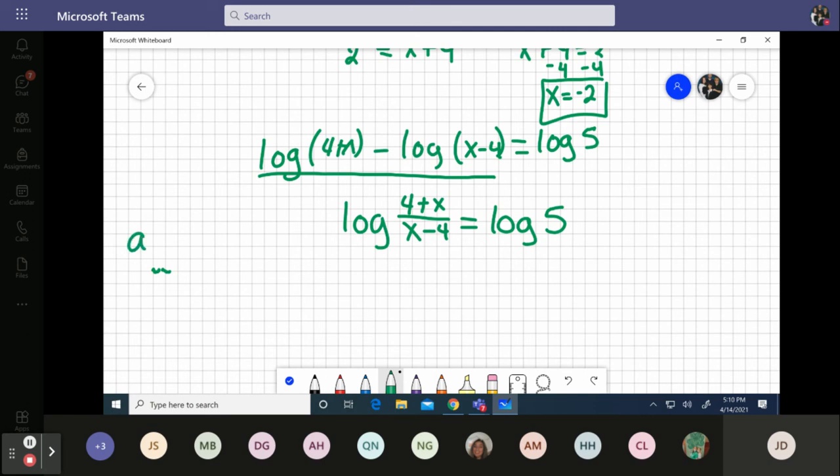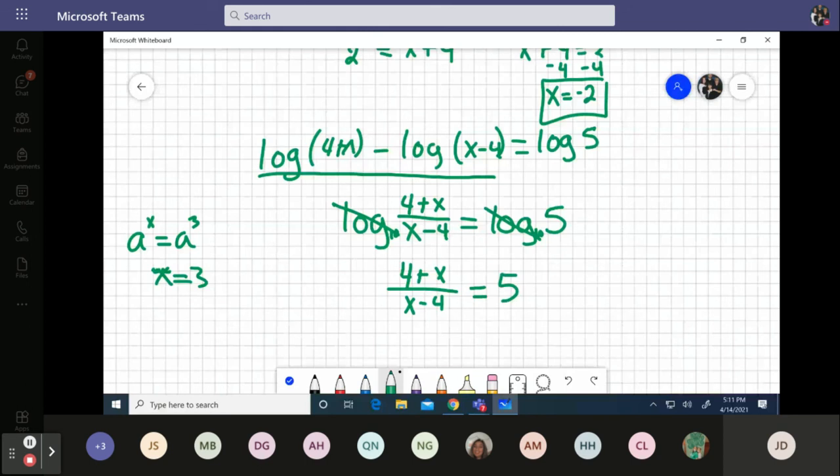Same concept. a to the x is equal to a to the 3. x has to equal 3, right? I have log base 10 here. I have log base 10 here. So those are the same. And that means 4 plus x has to equal 5.